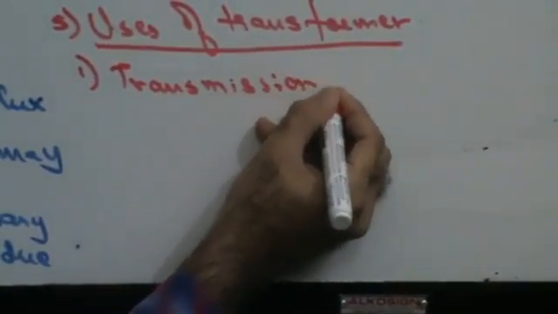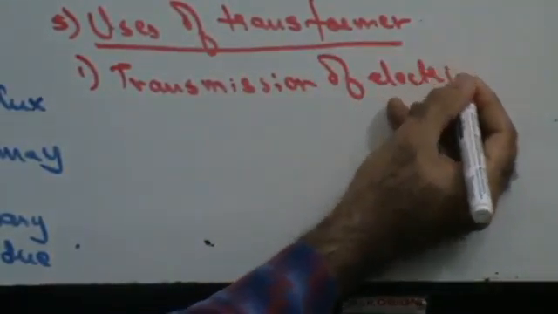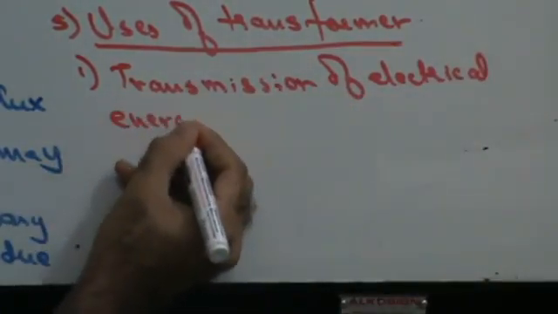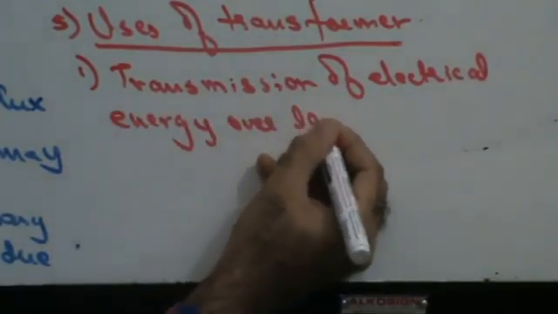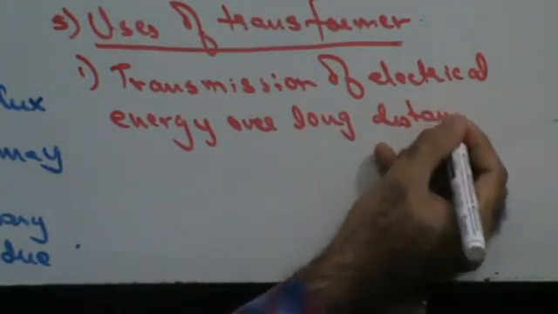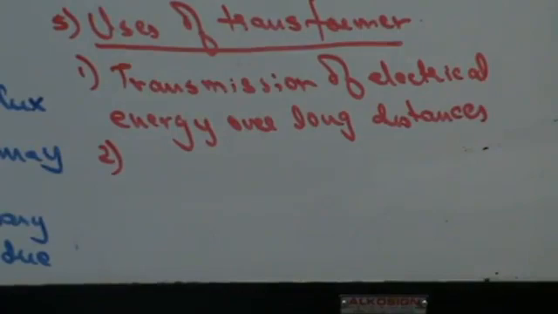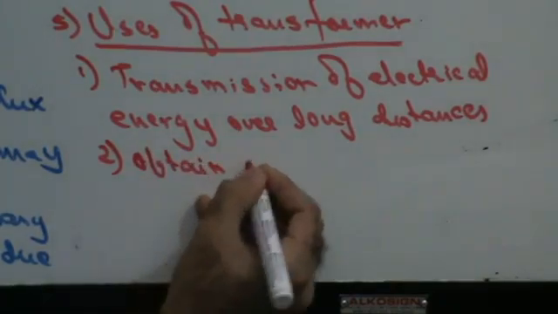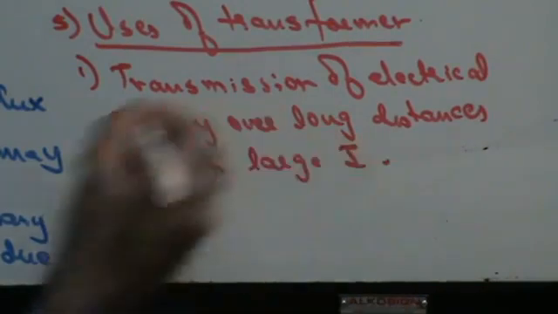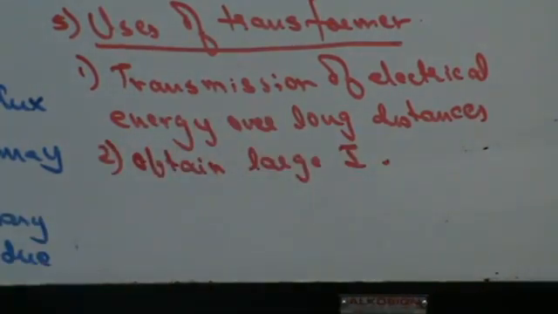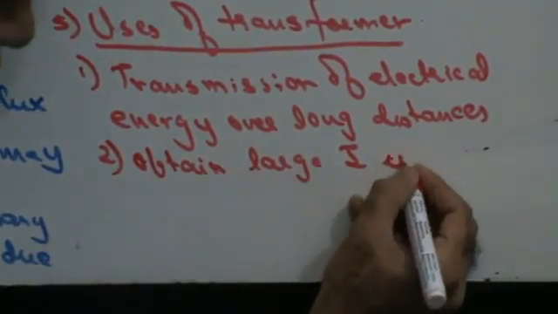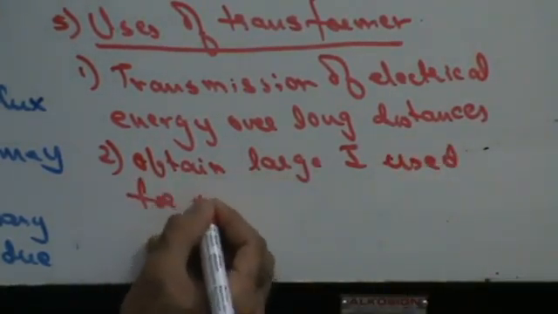Second, they are used to obtain large currents in electrical welding. That is, step-down transformers are used for obtaining large currents, which are then used for welding.